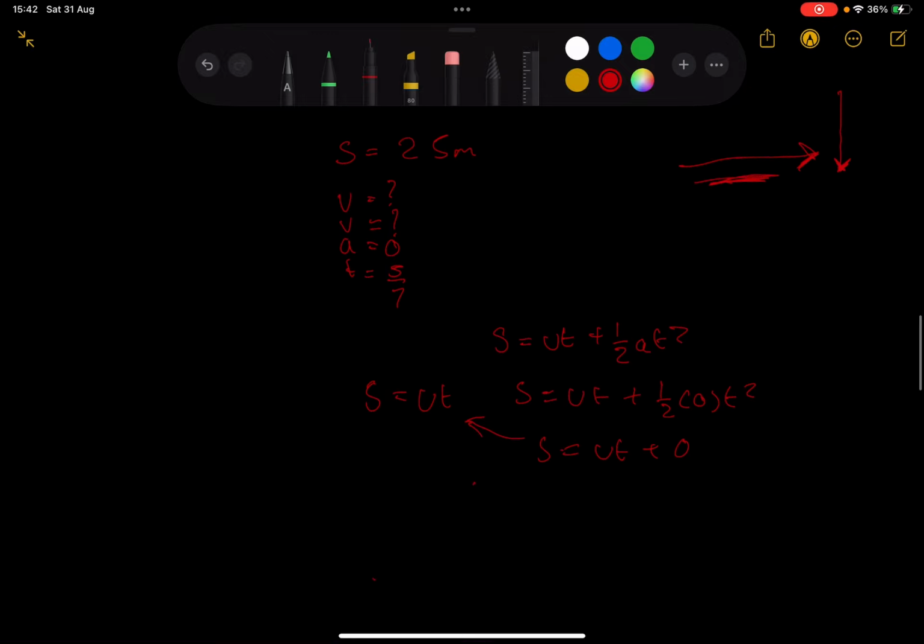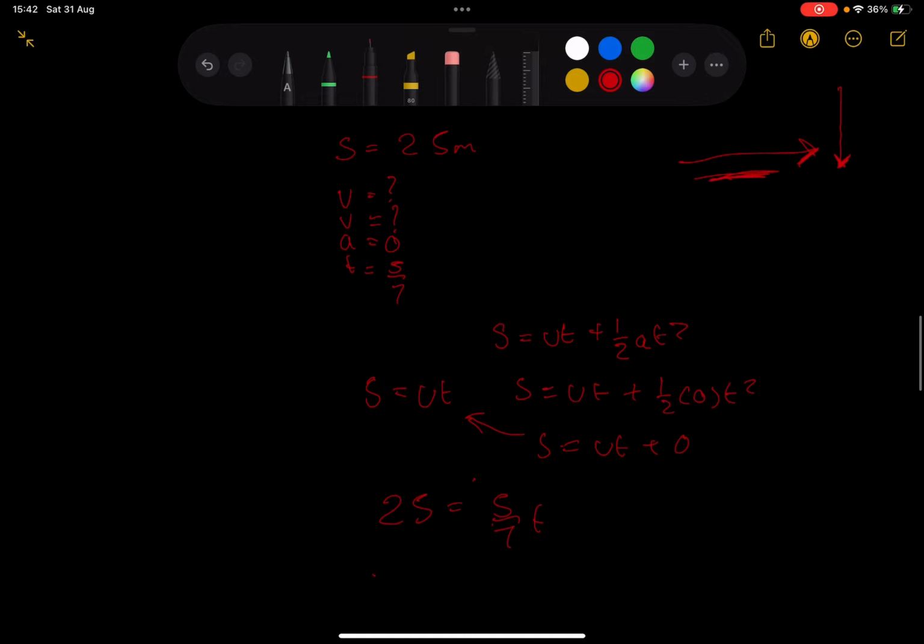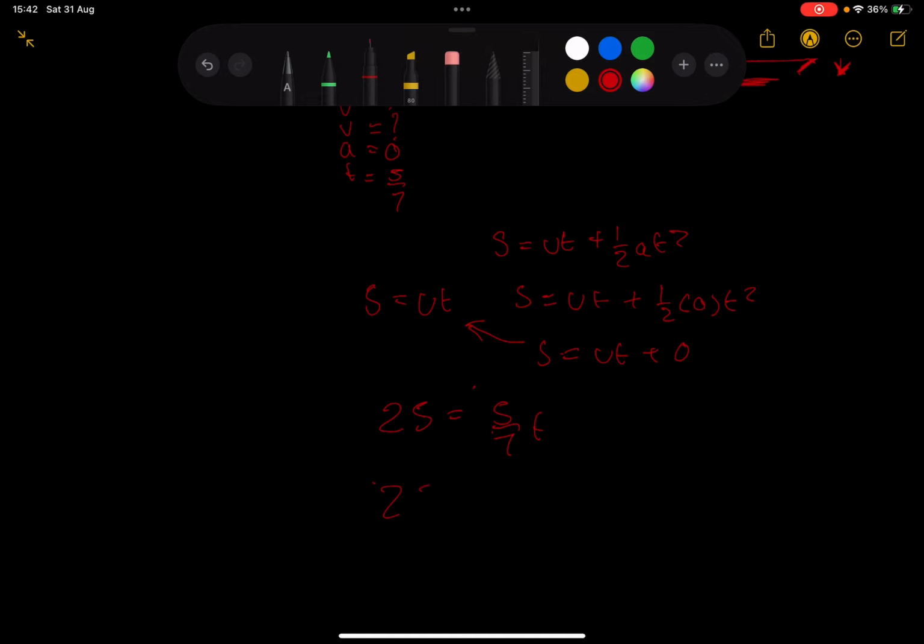And then 25 equals u times t. 25 divided by t equals u.